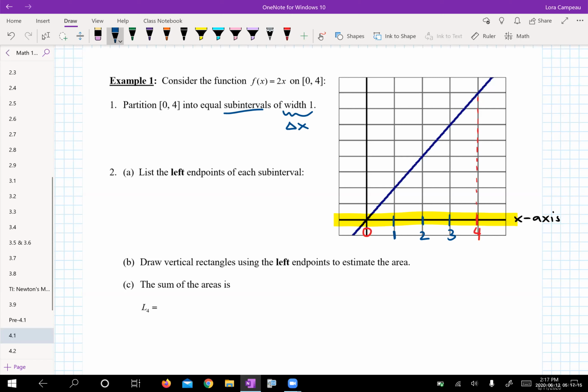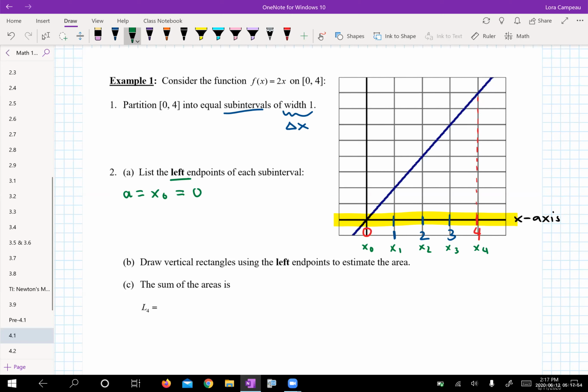Keeping in mind we're looking at the left side, our a is x of 0, and the leftmost endpoint is 0. So right away you can label that as x of 0, and then x of 1, x of 2, x of 3, and x of 4. But we only want the left endpoints.